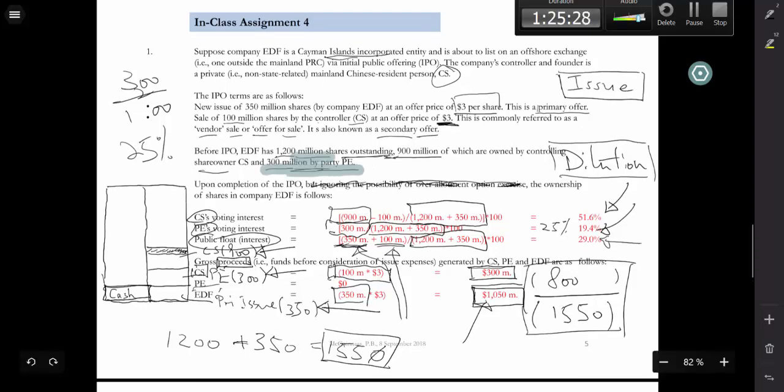So you see that the company had 1,200 shares. I'm not gonna keep saying million all the time. So it had 1,200 shares, and then it is going to issue another 350 million new shares. Okay.